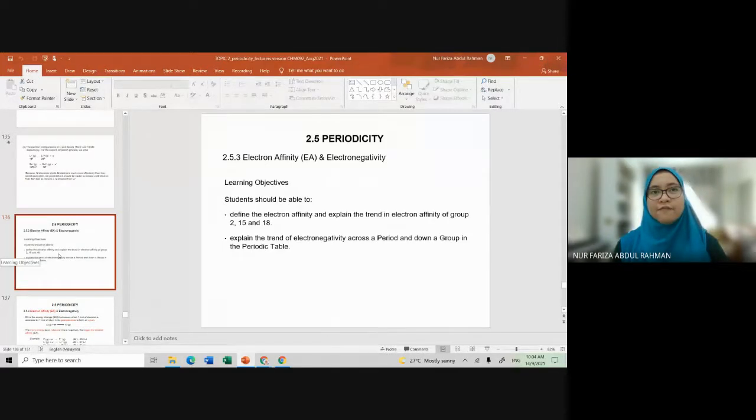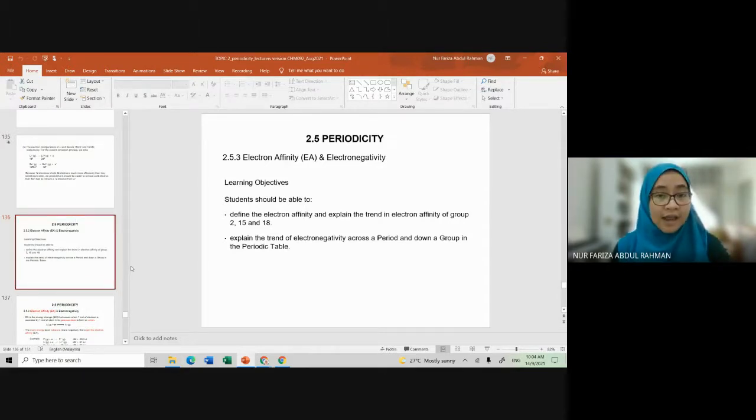We have to discuss it in terms of across the period and also down the group. Across the period, you should be highlighting the Z effective. When you go down the group, you should be highlighting the increase in n and also the shielding effect. And then don't forget the anomalies, guys.